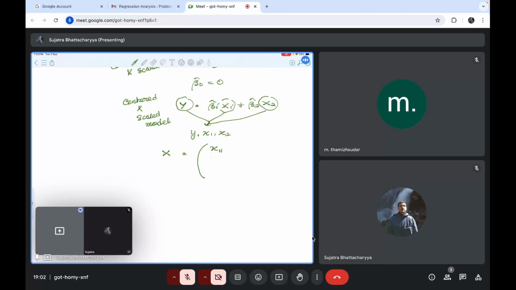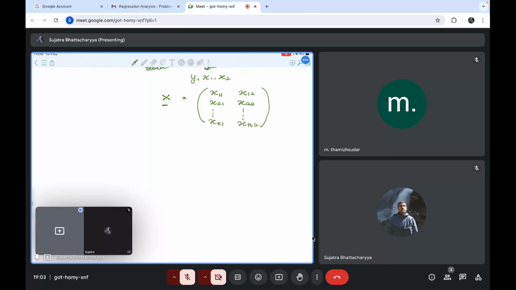So my new capital X has x11, x21, up to xn1, these are the centered and scaled samples. Next, x12, x22, up to xn2. That's all. I am not writing 1 because beta naught hat is now 0 on center and scale.